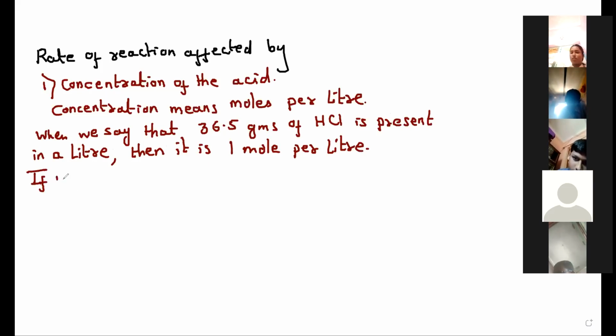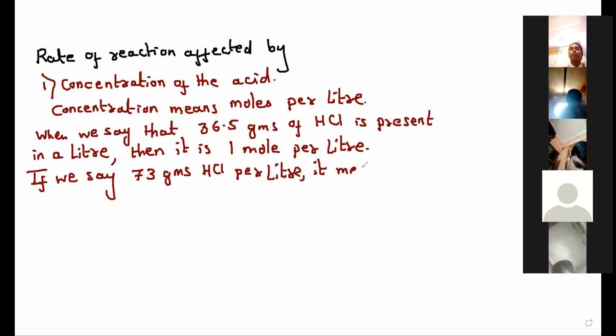If we say 73 grams HCl per liter, it means 2 moles per liter.